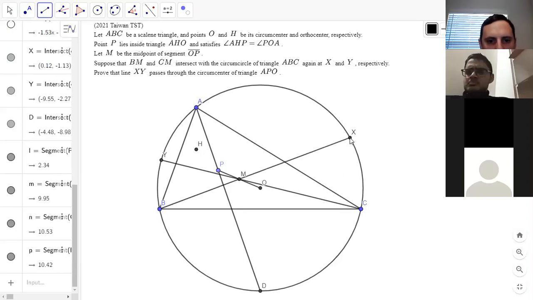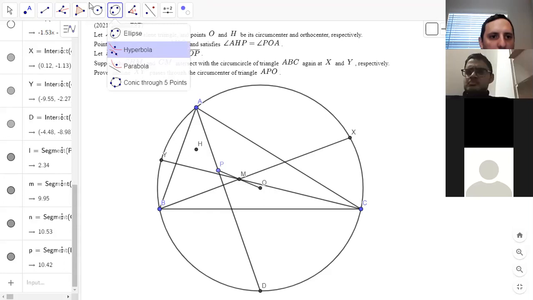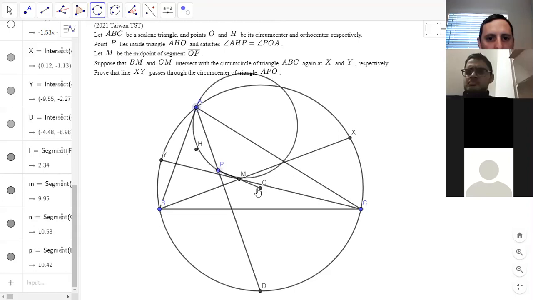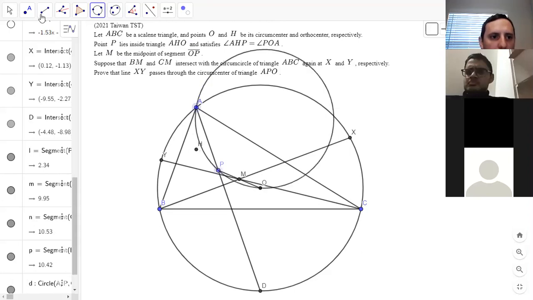We don't even really need H because all we really need to know is P lies on the angle bisector of ABC, right? Point H we don't even really need. So I'm going to draw the circumcircle of APO, and let's draw the center of that circle.